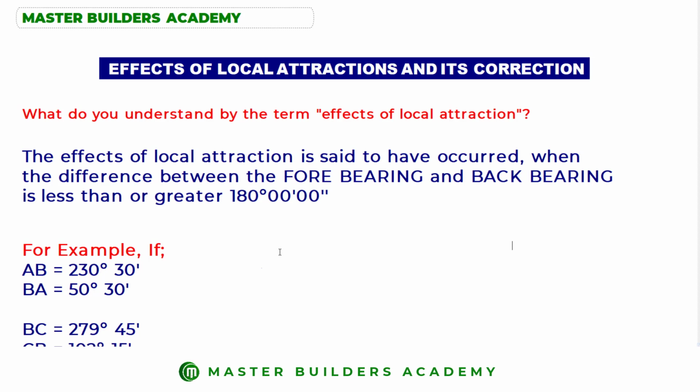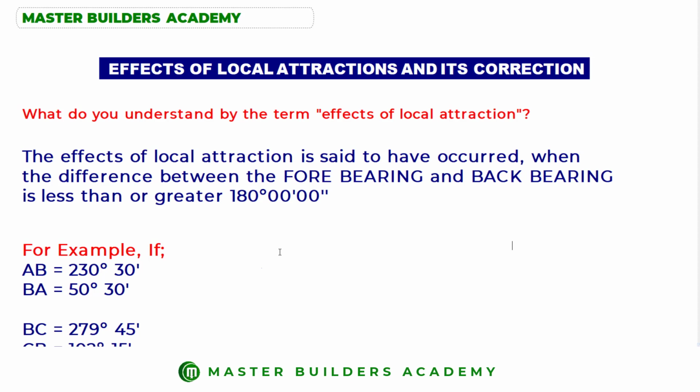I repeat again, the effect of local attraction is said to have occurred when the difference between the forebearing and the back bearing is less than or greater than 180 degrees, 0 minutes, and 0 seconds.